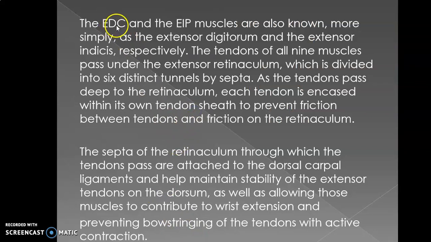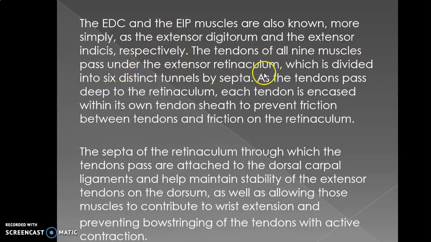The extensor digitorum communis and extensor indicis proprius are also known simply as extensor digitorum and extensor indicis. Normally, when somebody says extensor digitorum, it means EDC, and extensor indicis means extensor indicis proprius.